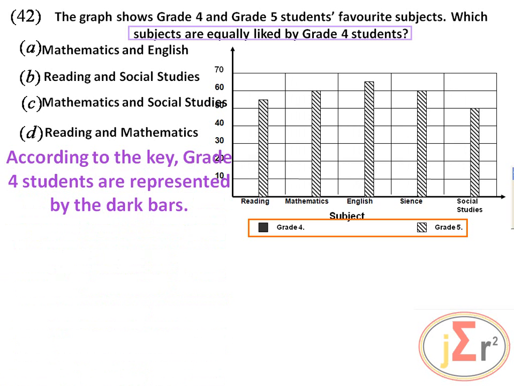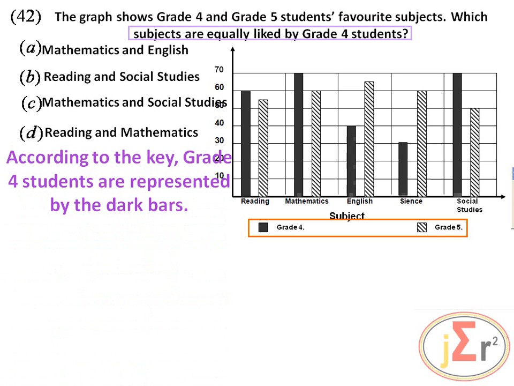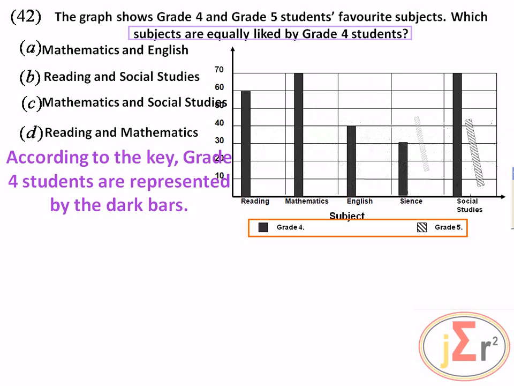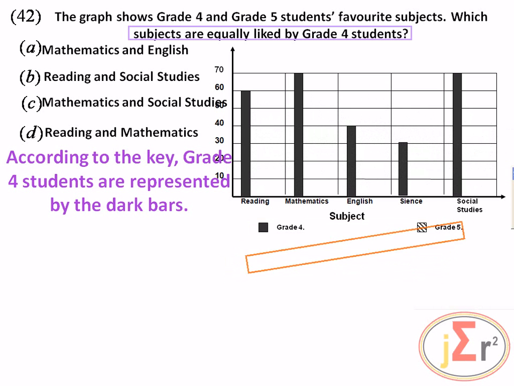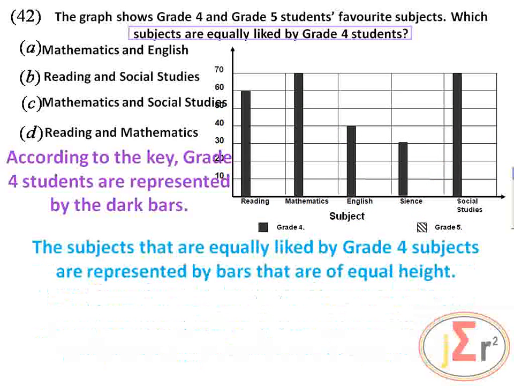According to the key, grade 4 students are represented by the dark bar. Since we are talking about grade 4 students only, we may eliminate the other bars. So those are the bars associated with the grade 4 students.